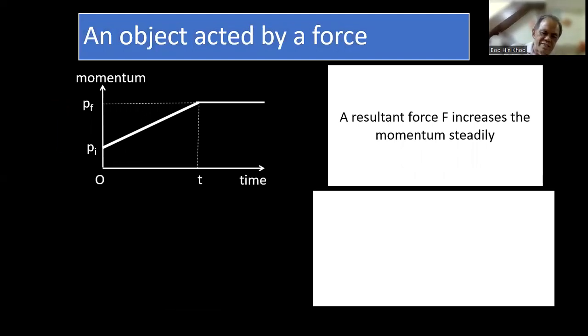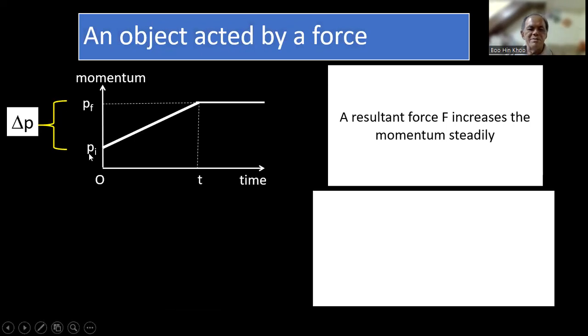So instead of looking at velocity, change in velocity and acceleration, you can look at the momentum time graph. It's the same, so instead of u and v, you just multiply by m, that's all. So this is the initial momentum, this is the final momentum, and p_f minus p_i is the change in momentum.